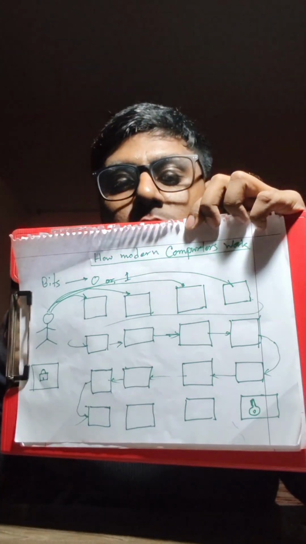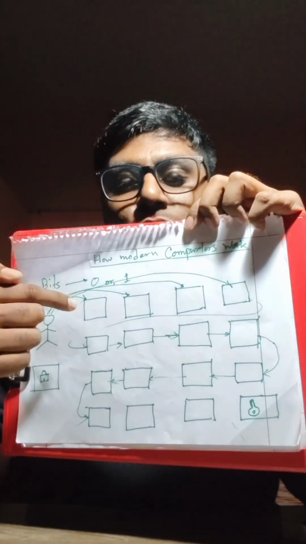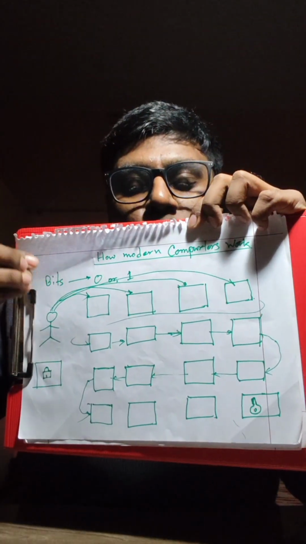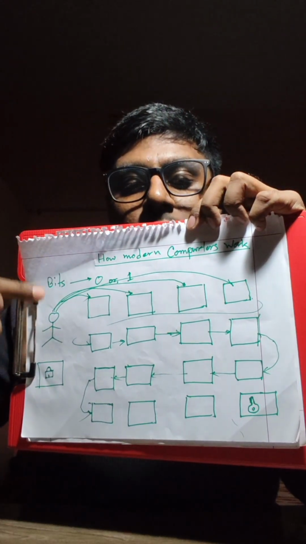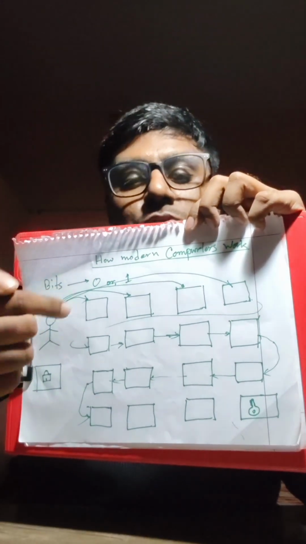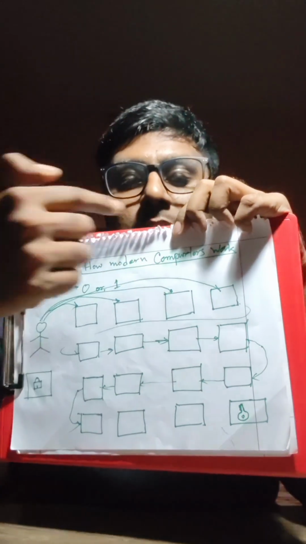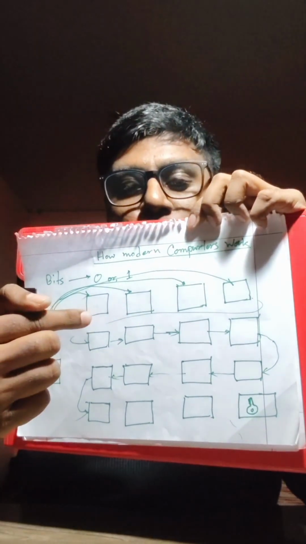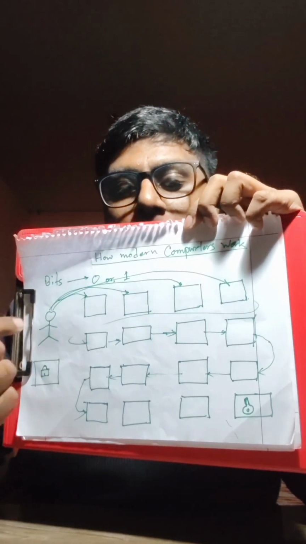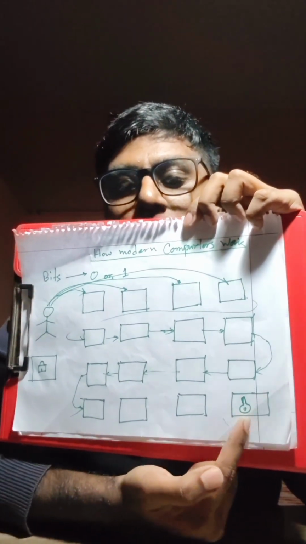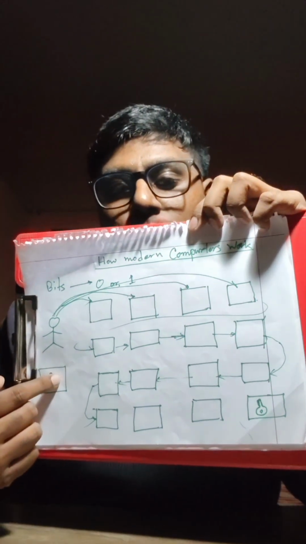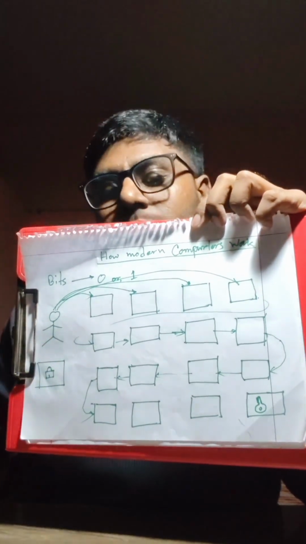So the man has to go to each block, each room, and check whether the key is there or not, and then go to the next room and the next room and the next room to check. When he finishes checking every room, he will eventually find the key, and then he will solve the problem for you. And this is your computer, remember.